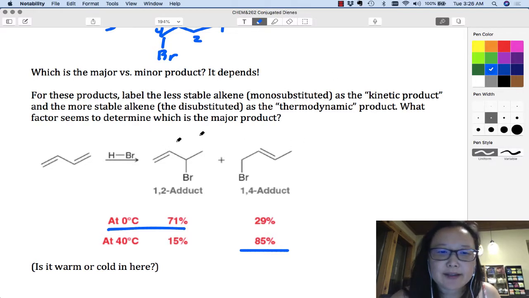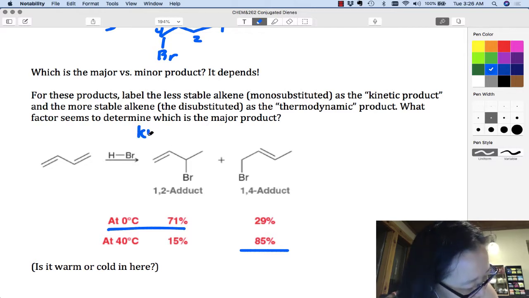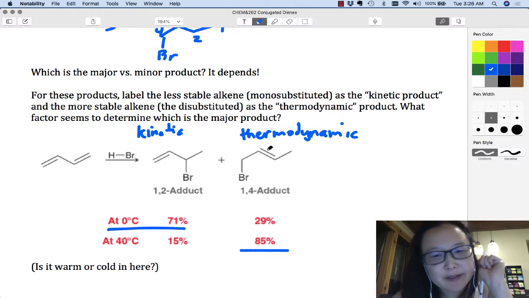Okay, so if I look at these products, I have a mono-substituted alkene, and here I have a di-substituted alkene. So the one that's less stable is called the kinetic product, whereas the one that's more stable is called the thermodynamic product. So that's usually purely based on the substitution pattern of the alkene.